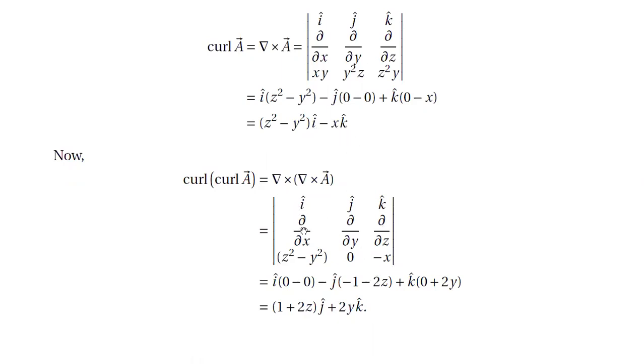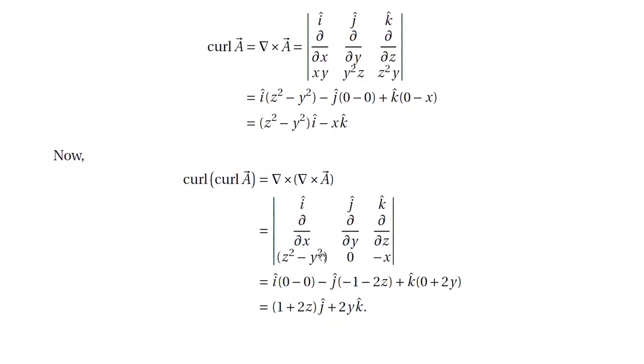So i into, leaving the first column and the top row, dou by dou y of minus x will be 0. Then minus dou by dou z of 0 will be definitely 0. Minus j into, leaving the second column and the top row, dou by dou x of minus x will be minus 1.